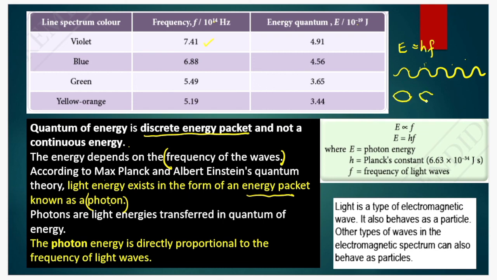It is in the form of packets or discrete, and we can count the number of photons emitted. The number of photons can be counted as 1, 2, 3, 4, and so on. It is a discrete value.